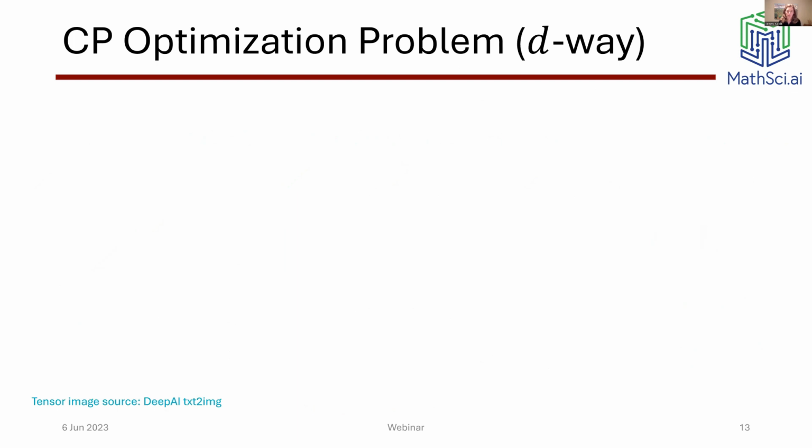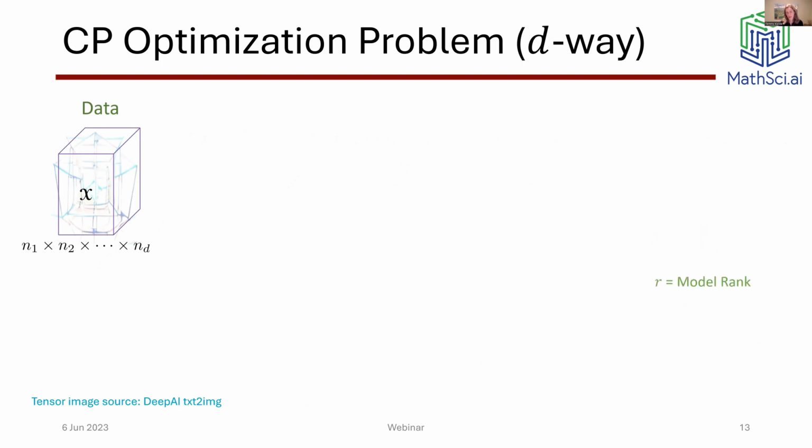Let me also mention the D-way problem. So you can go up to D-ways. I don't know how to draw a D-way tensor, so I asked DeepAI's text-to-image generator to draw one for me. It looks mostly like a spider web, but suppose we have some tensor that's D-way, so N1 by N2 through ND. Again, we choose a model rank.